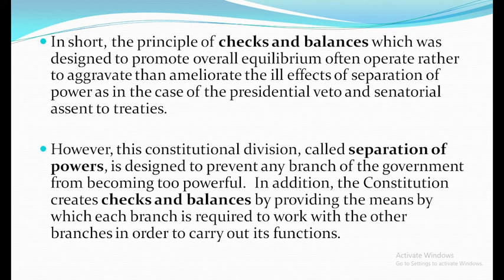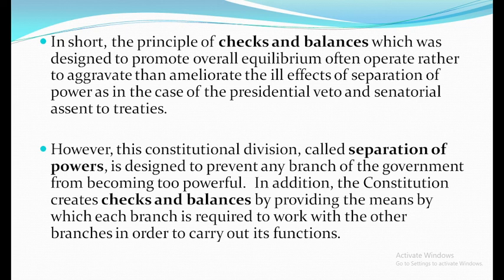However, this constitutional division, called separation of powers, is designed to prevent any branch of the government from becoming too powerful. In addition, the Constitution incorporated the principle of checks and balances by providing the means by which each branch is required to work with the other branches in order to carry out its functions.